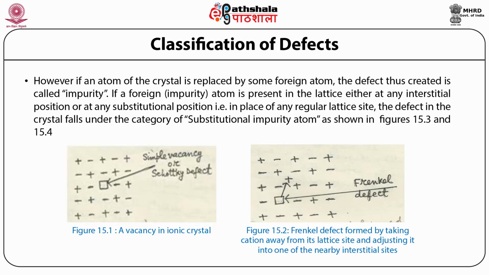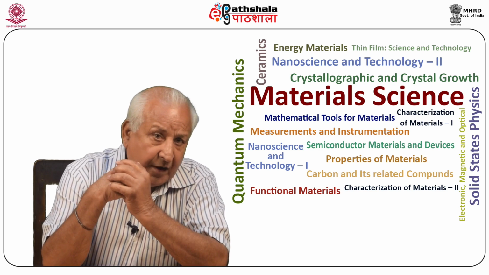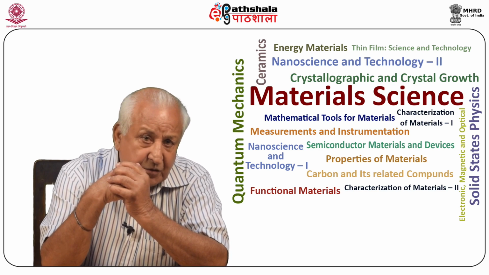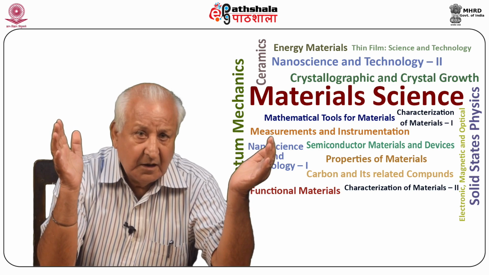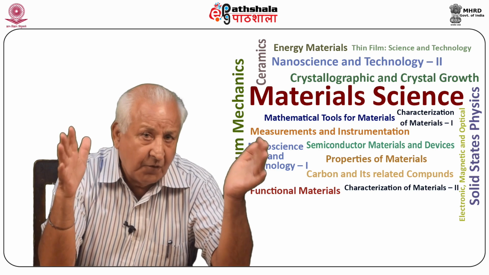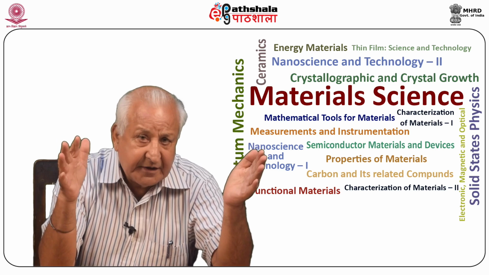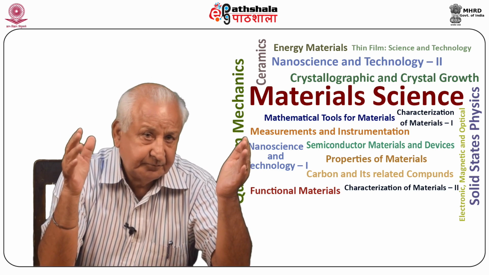Here figure 15.1 shows a vacancy in an ionic crystal, and figure 15.2 shows a Frenkel defect, formed by taking a cation away from its lattice site and adjusting it into one of the nearby interstitial sites. Figure 15.3 shows an interstitial atom or ion, whereas figure 15.4 shows an impurity atom or ion.